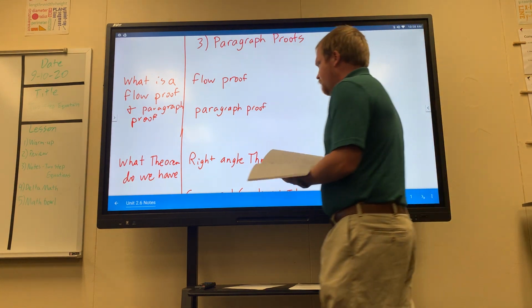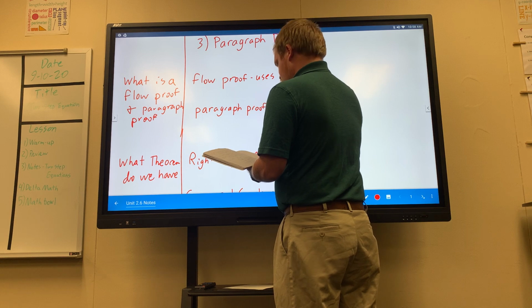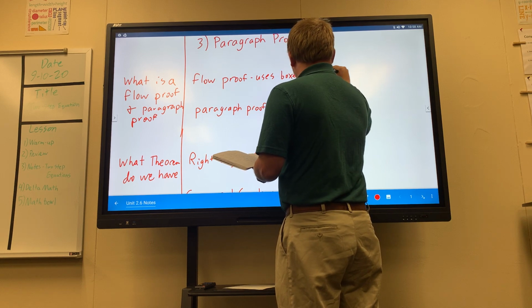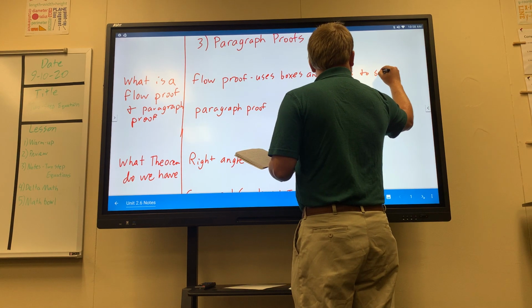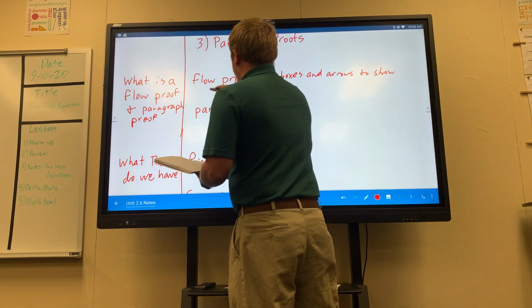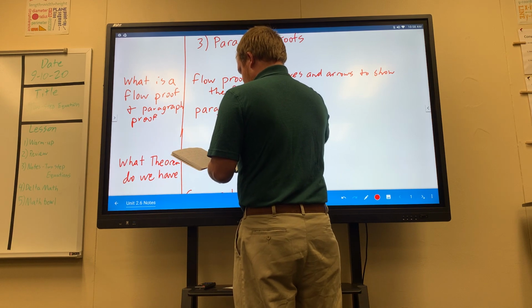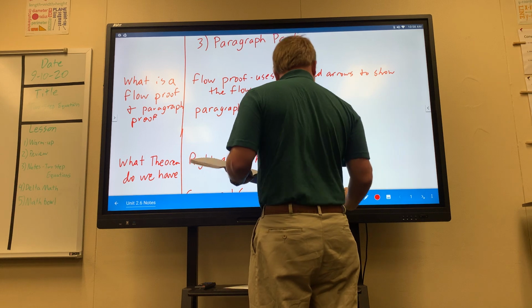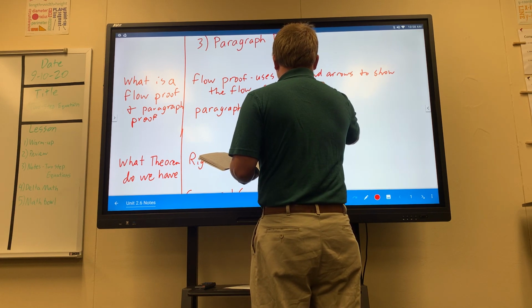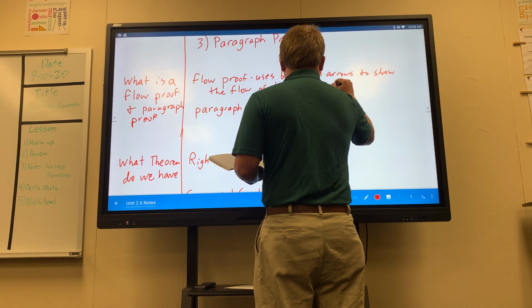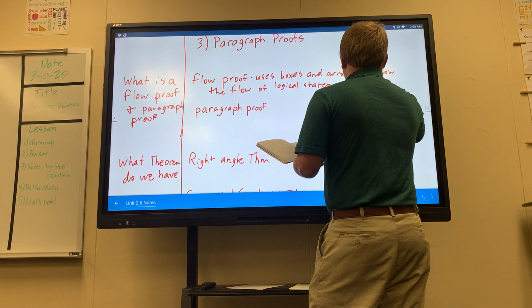Well, a flow proof uses boxes and arrows to show the flow of logical statements to reach a conclusion.